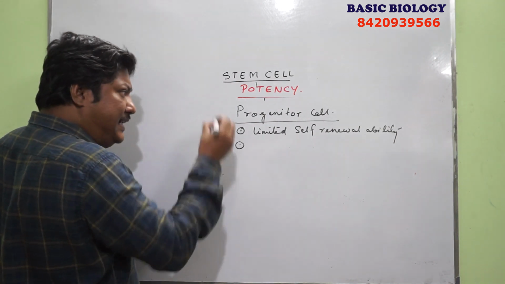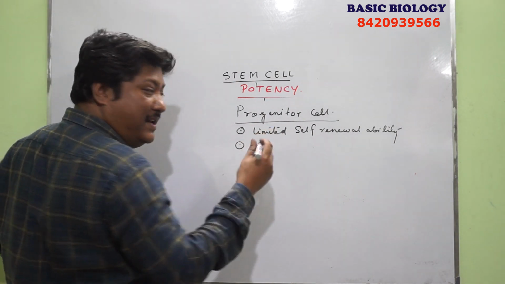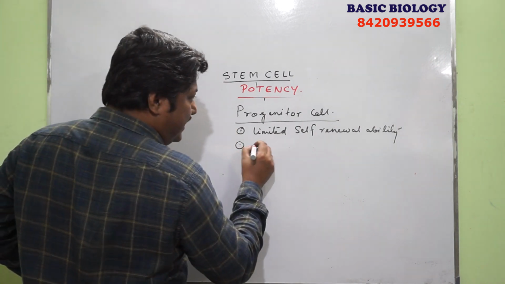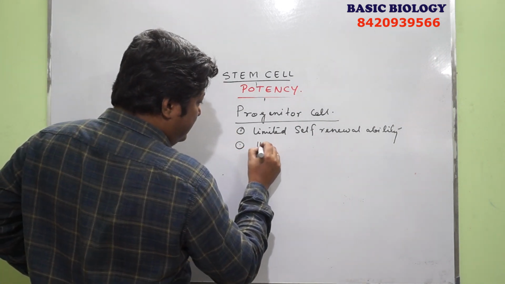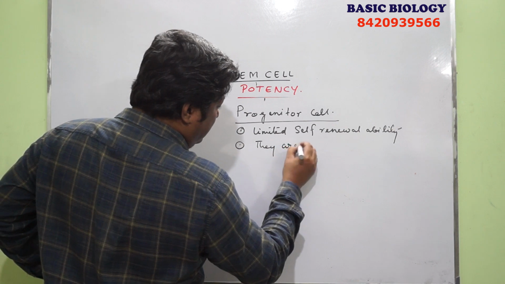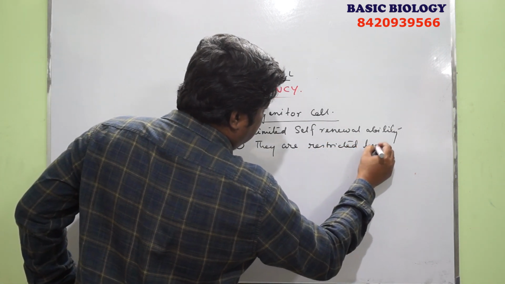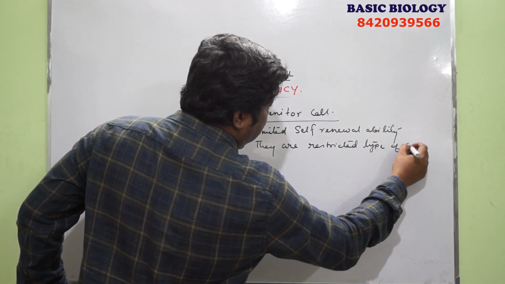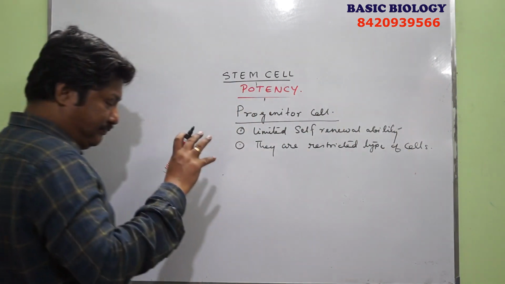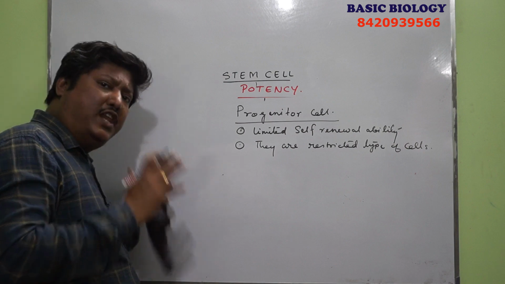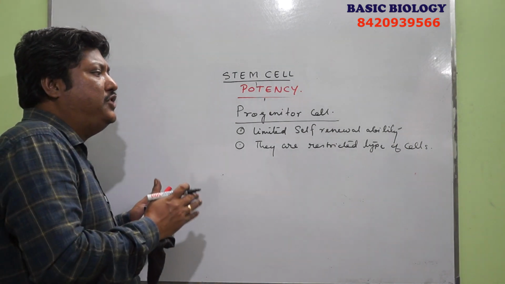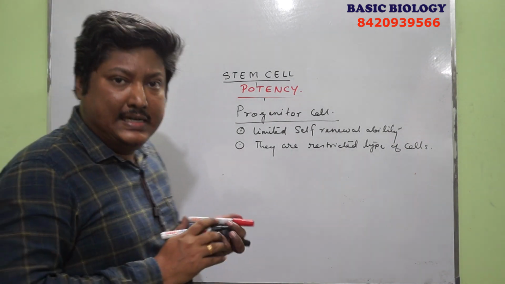Second, their commitment is restricted. They are restricted type of cells. That means their commitment is very limited and they differentiate into a very minimum number of cells.